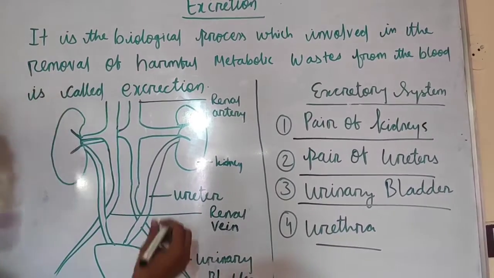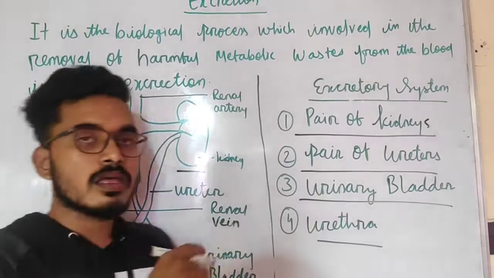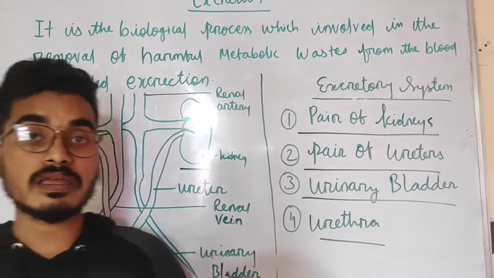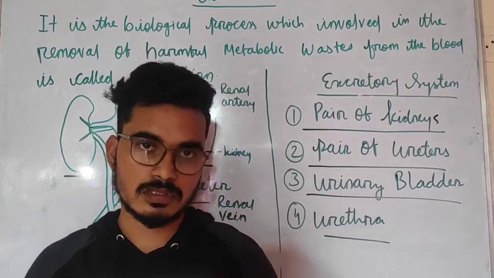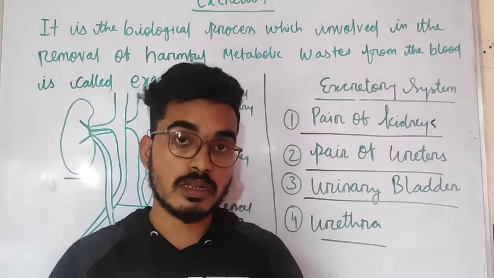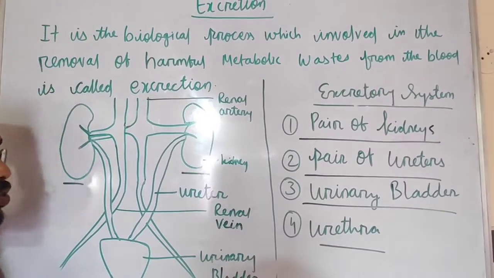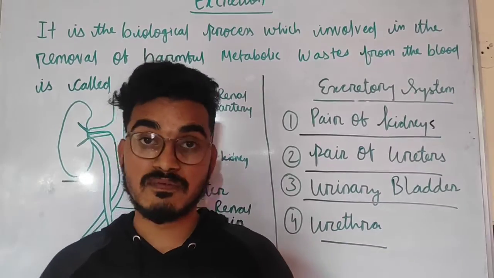These are the kidneys. Basically, a kidney is made up of thousands of nephrons. After this, we are going to discuss the ultrastructure of a nephron itself.